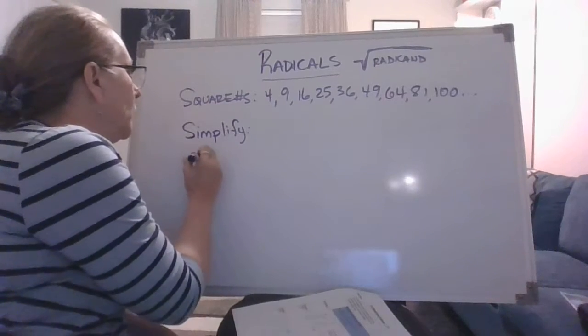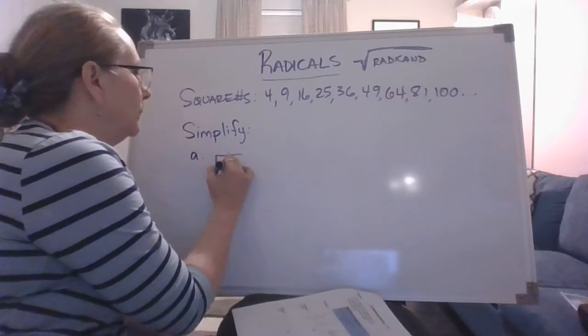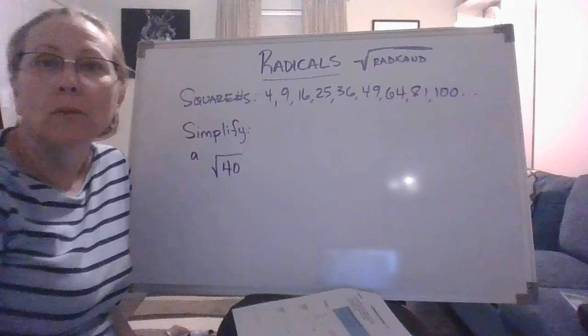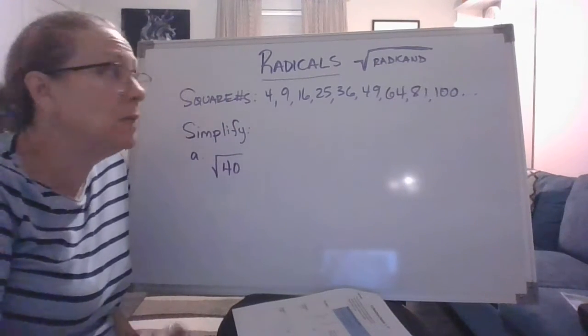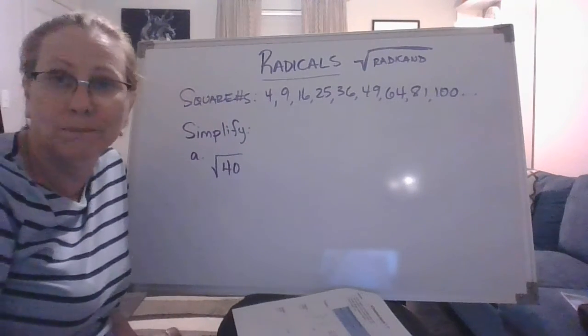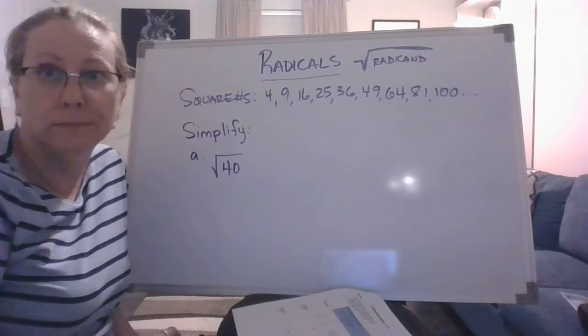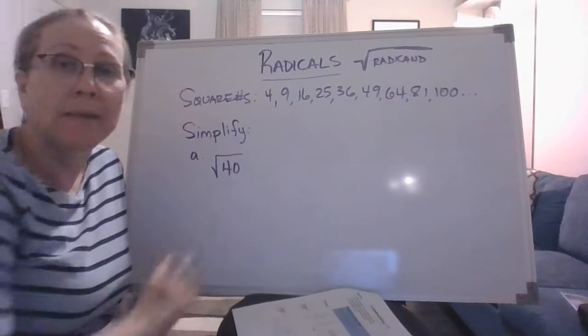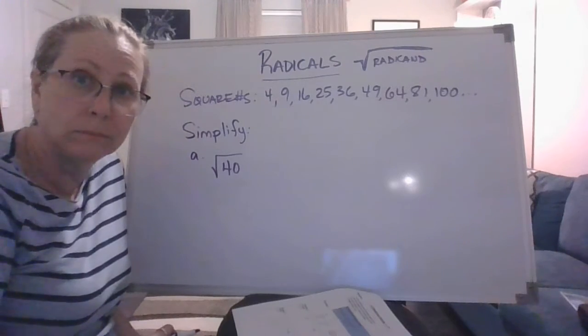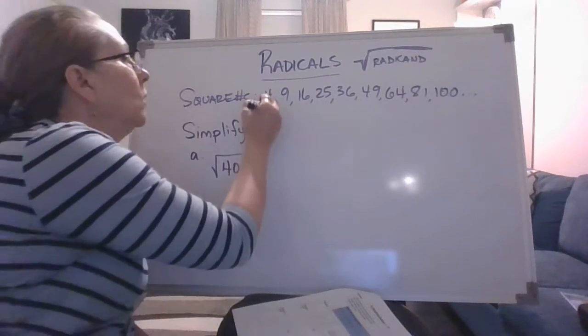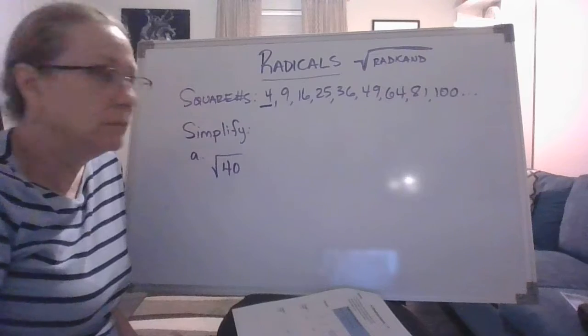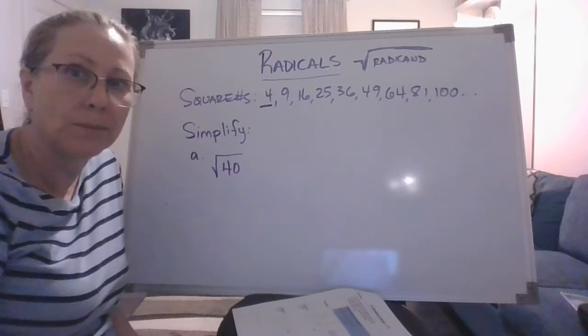Well, let's start with the square root of 40. First thing we do when we have a square root is we think about our square number list. Is 40 on it? No, it is not. Are there any numbers on that list that go into 40? Well, yeah. 4 goes in. It goes in 10 times.